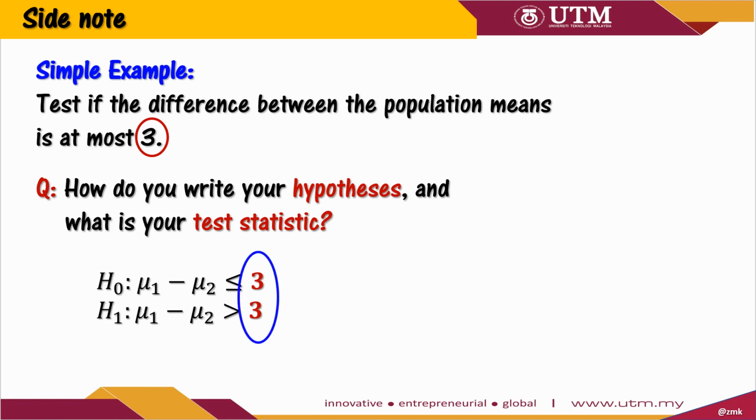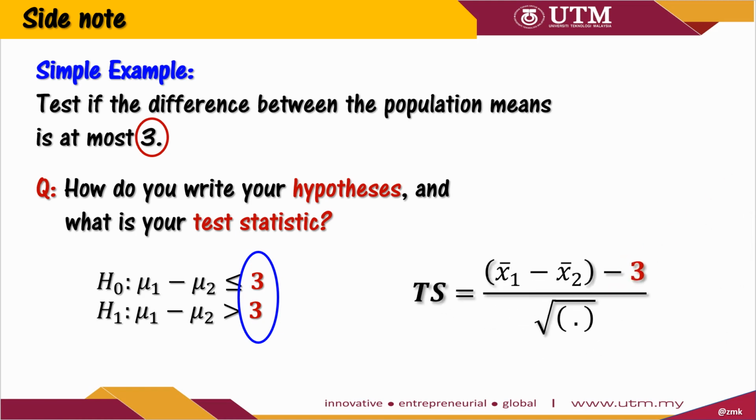The second question, what is the test statistic? For any of the 5 cases in this topic, the test statistic should be defined as the difference between the sample means x bar 1 minus x bar 2 minus 3, which is the value of the difference between mu1 and mu2 under H0, divided by the denominator, which depends on the selected case.